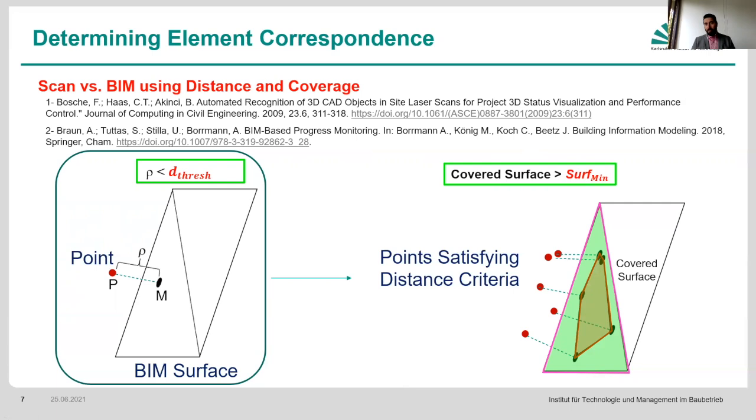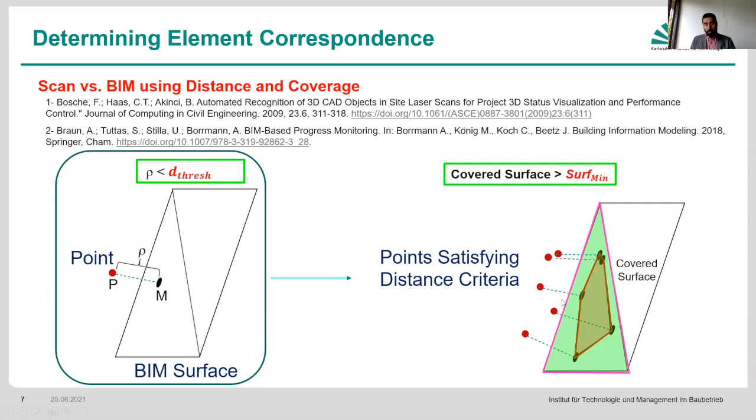One inference would be that we use the same surface min for the object. We take a look at the surface coverage for each and every one of these STLs, and then we sum them together and divide by the overall surface of the BIM. You can perform that as well.